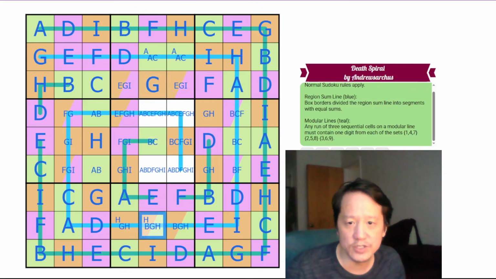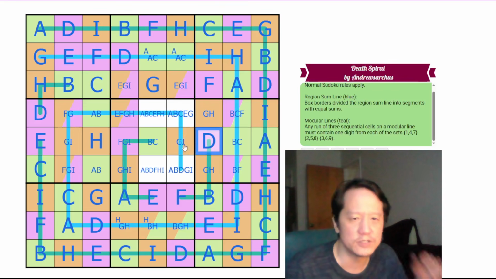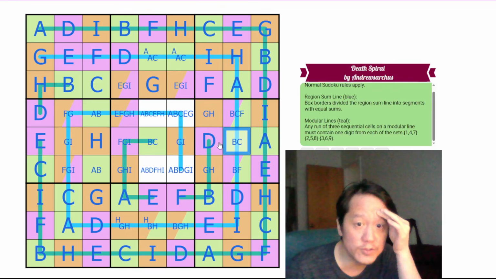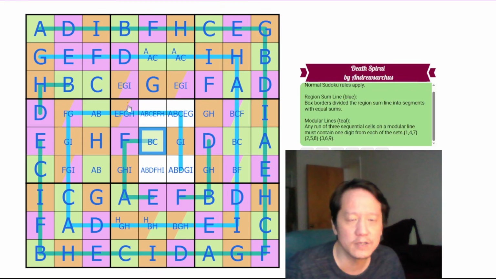G eliminates G from being here, so that's B or H. There's no G in the rest of the column. F cannot be in the rest of this column. H cannot be here either. This is not B or C, it's G or I. We have a GI pair. This has to be F as in pink, which eliminates F in the rest of the box.